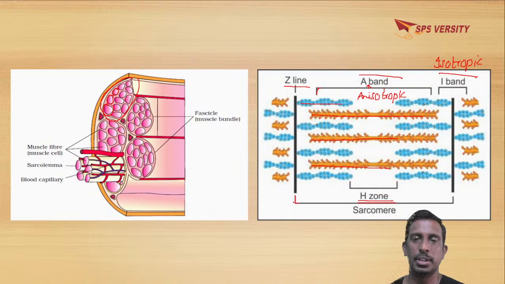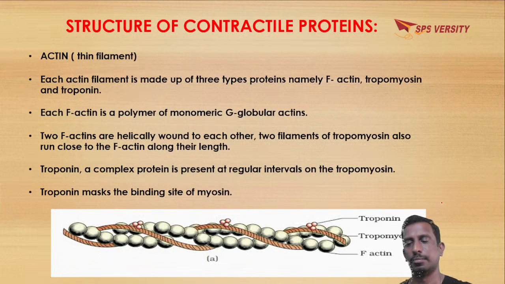The part between two successive Z lines is called the sarcomere, which is the functional unit of the skeletal muscle.